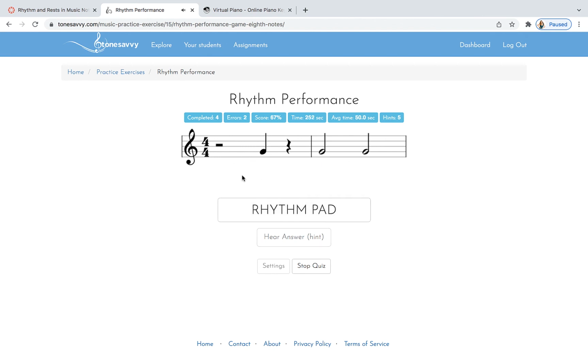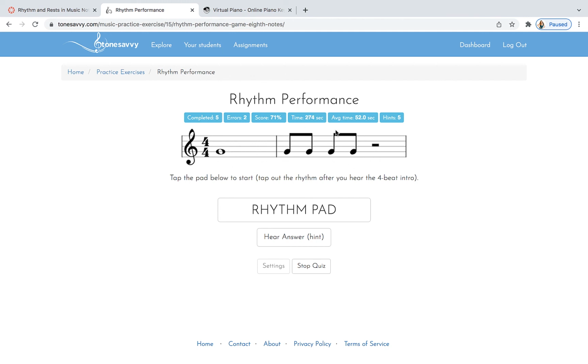Now let's do it correctly. 1, 2, 3, go. Rest, rest, play, rest. 1, 2, 3, 4. And that's the trick. It doesn't do you any good to look at a rhythm and say it goes 1, 2, 3, 4, 1 and 2 and rest, rest.